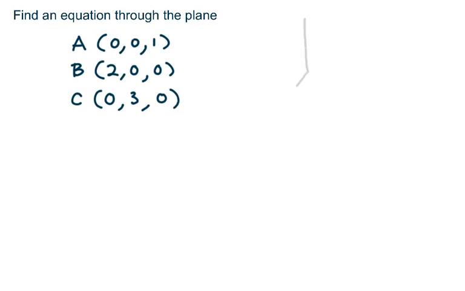If we think about the graph of this in R3, point A is up 1 unit on the z-axis. Point B is out 2 units on the x-axis, and point C is out 3 units on the y-axis. So our plane is this triangular slanted region.